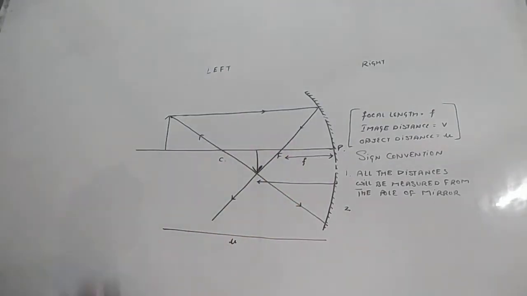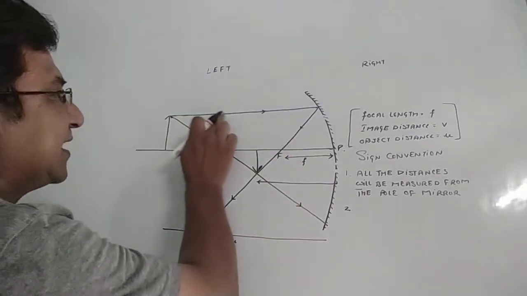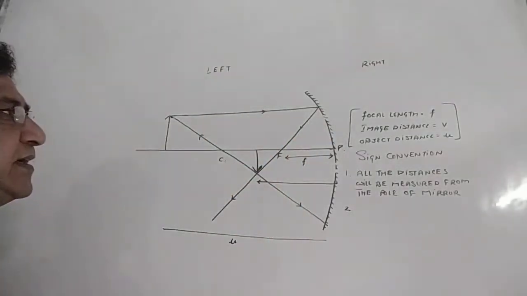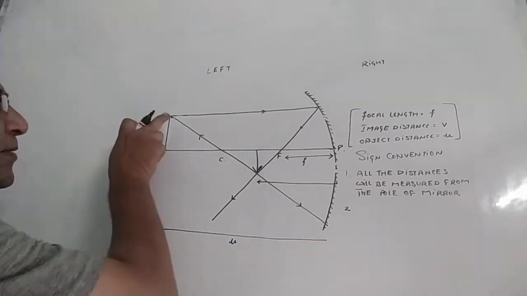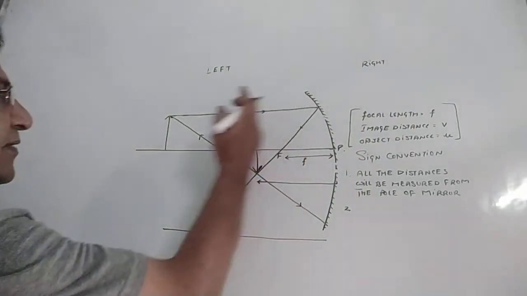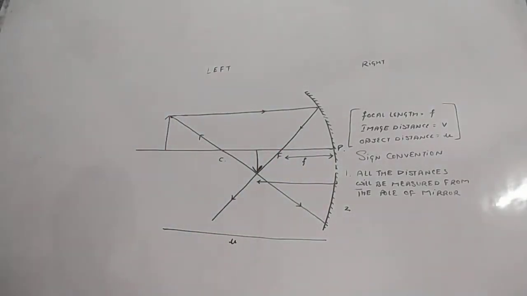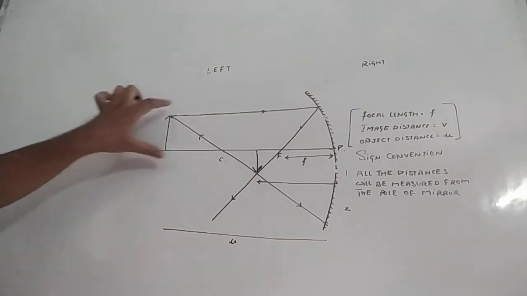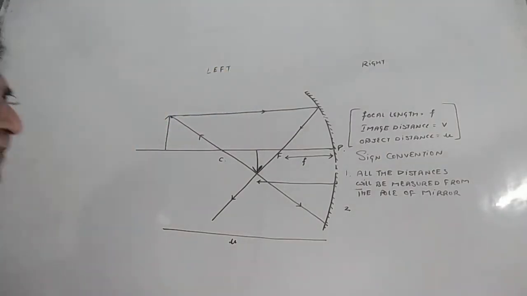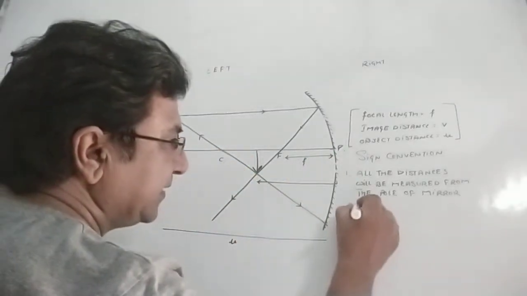The second one is that the measurements which come against the direction of the incident ray will be taken negative. This incident ray is going in the right direction, but if the measurements like object distance, focal length, image distance are coming on the left side, opposite to the direction of the incident ray, that will be taken negative.